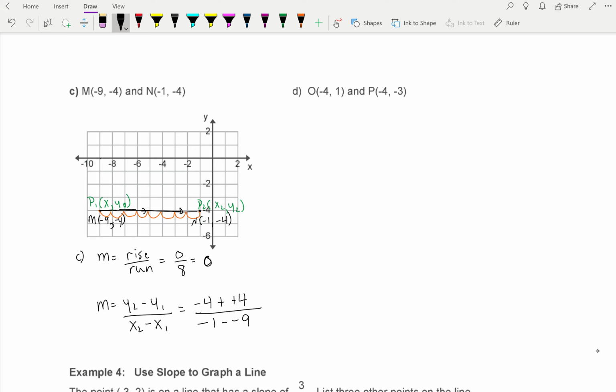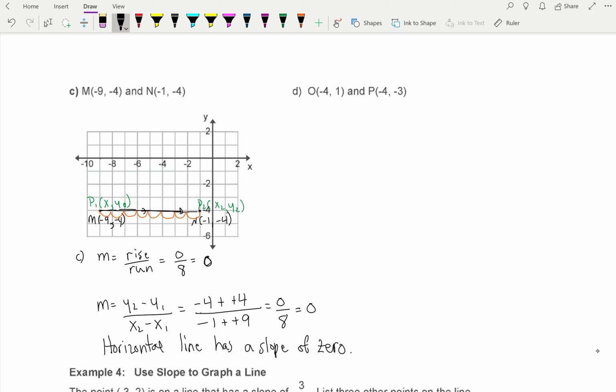Remember, minusing a negative is adding. Negative 4 plus 4 is 0. Negative 1 plus 9 is 8. 0 divided by 8 is 0. Okay, so like we said earlier in one of our previous videos, a horizontal line has a slope of 0.